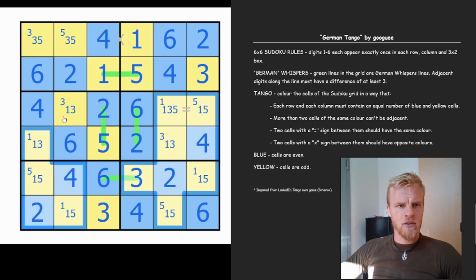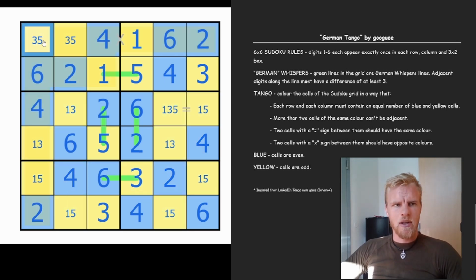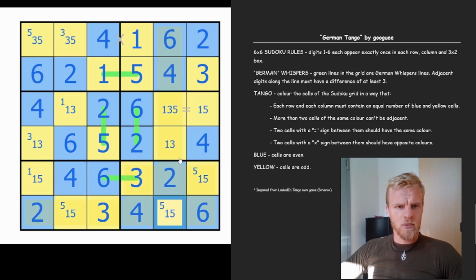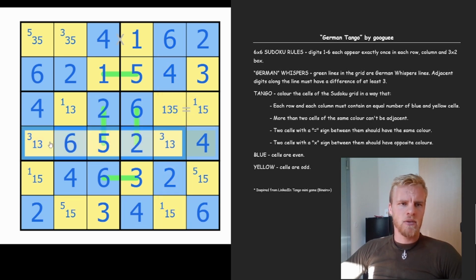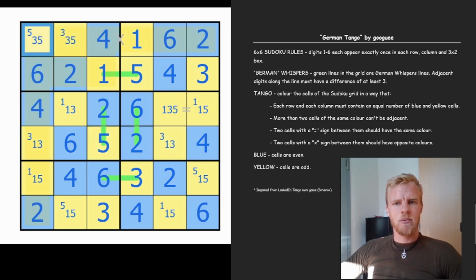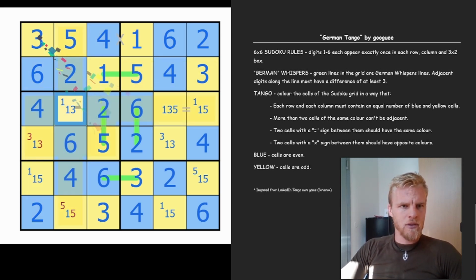So 3 on the top left doesn't work out. 5 on the top left. 1, 5, 1. Does not work out. Okay, so this is our 3, 5, 3 in the corner. I knew it.